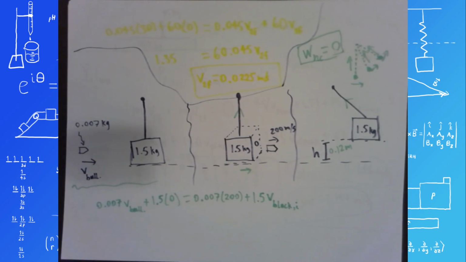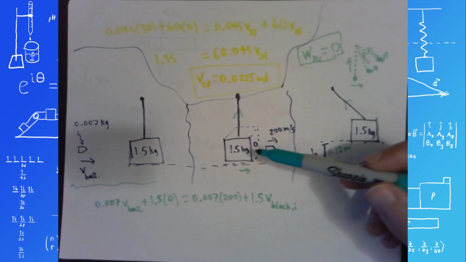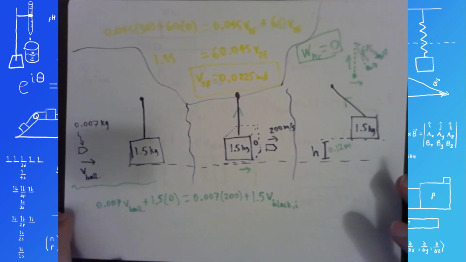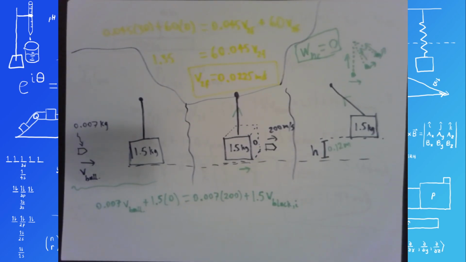And I think, wait, can we solve this? No, because we've got two unknowns. Okay, so we can't solve that yet, so no problem, we'll just continue. Then from here to here we've got a conservation of energy problem, so I'll do that in pink.